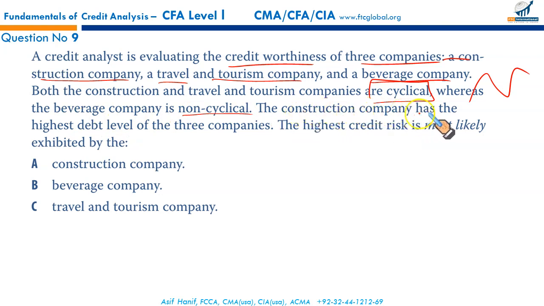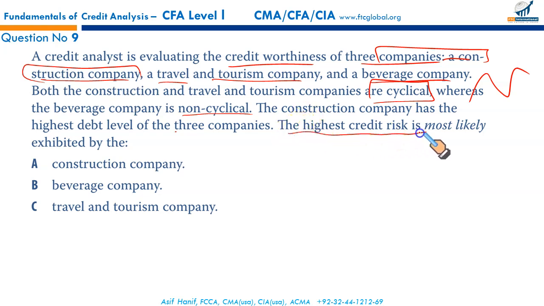The construction company has the highest debt level of the 3 companies. So we are now in a position to identify that the construction company has high volatility in earnings, and it also has the highest level of debt.